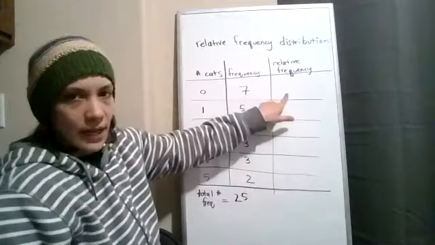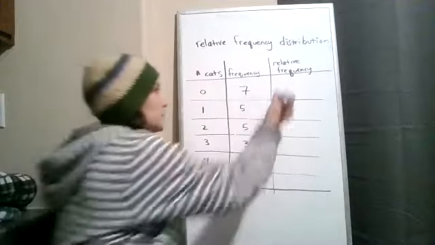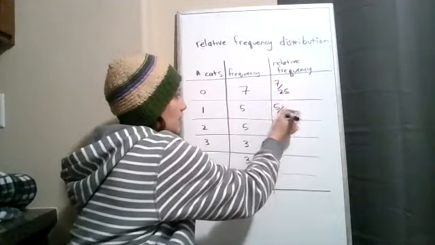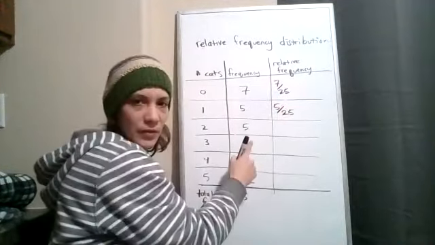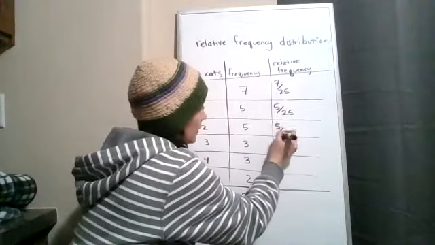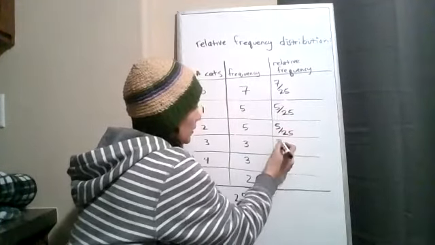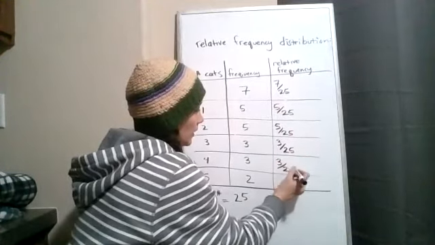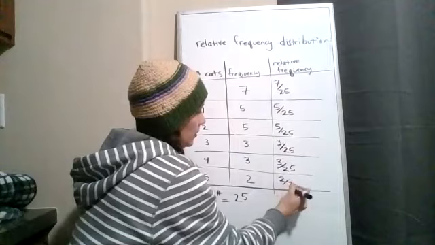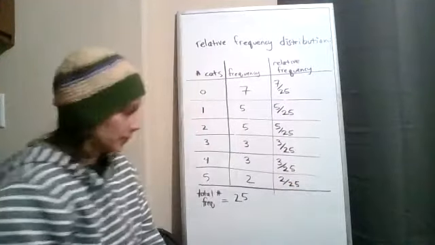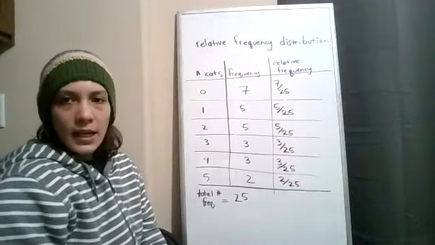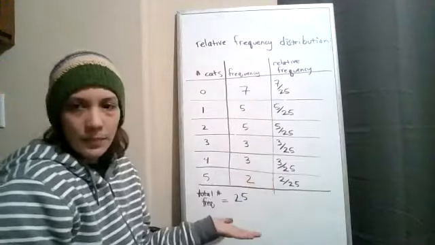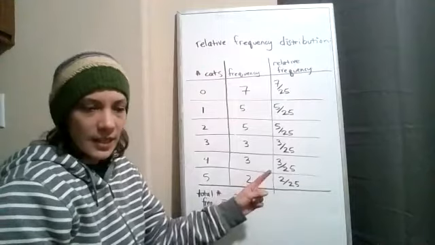Then here we'd have 7 over 25, 5 divided by 25, here's another 5 over 25, and 3 out of 25. It would be fine with me if you left them as fractions, but for the rest of the problem, I changed these to decimals.